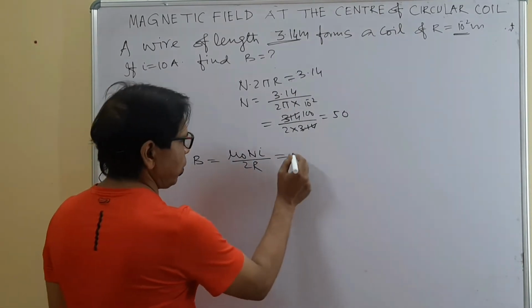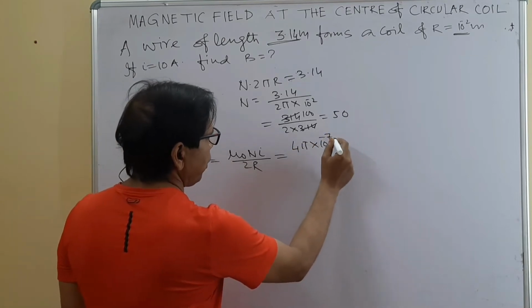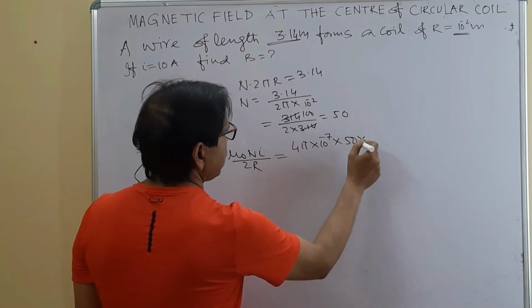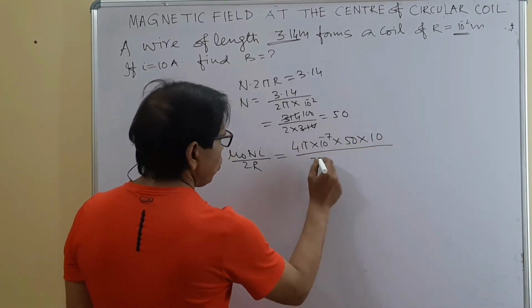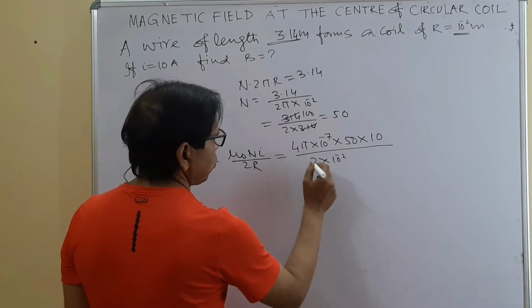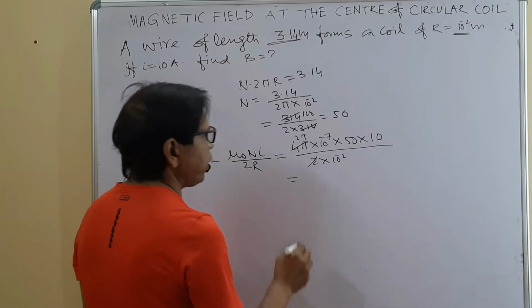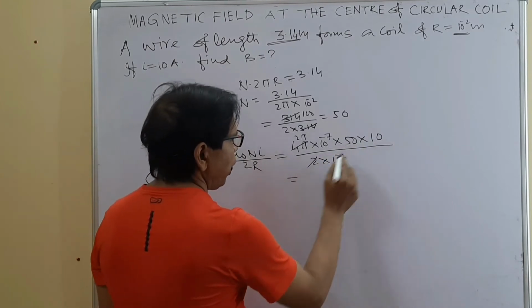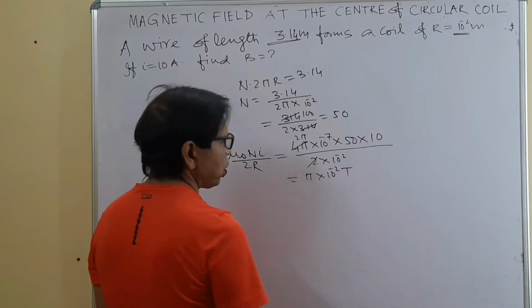So this is 4 pi into 10 to the power minus 7, this is 50, and this is I equals 10, and this is 2 into 10 to the power minus 2. Now this cancels out, 2 pi. Okay. So look at this. This is 100, 5. So this is pi into 10 to the power minus 2 Tesla.